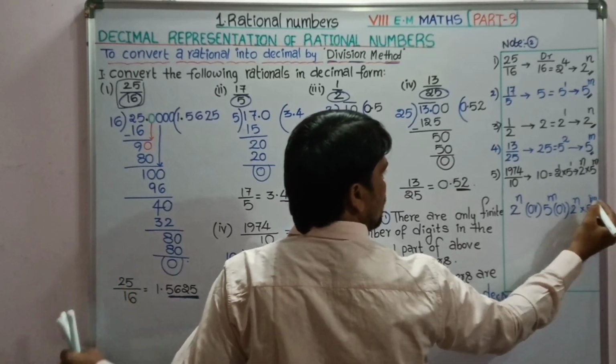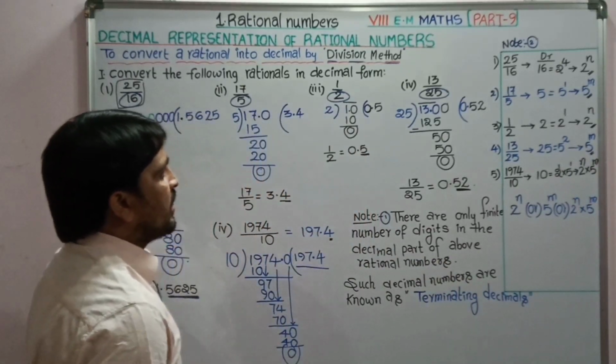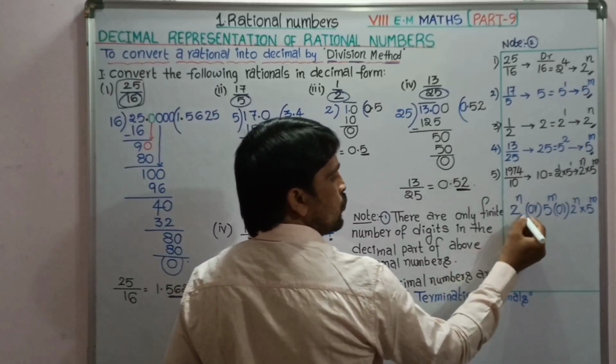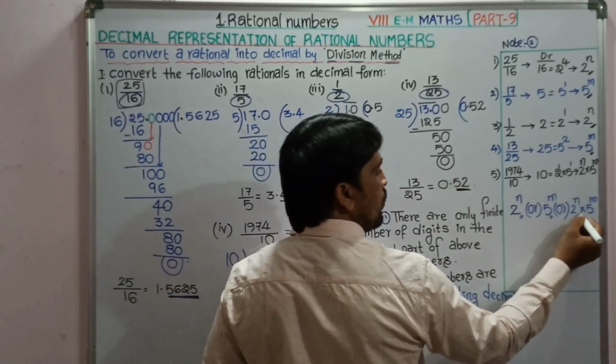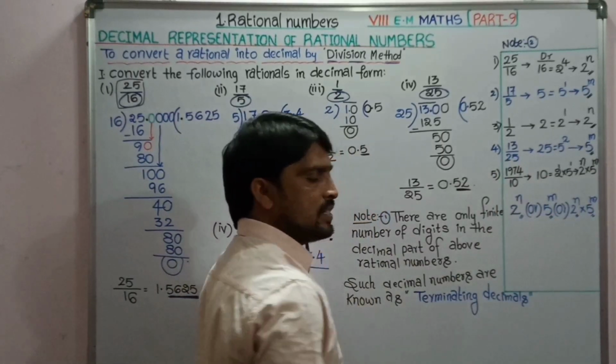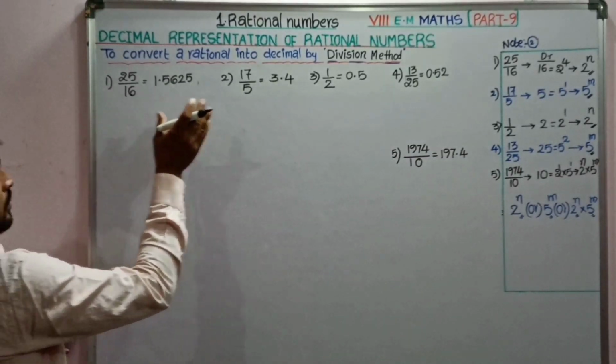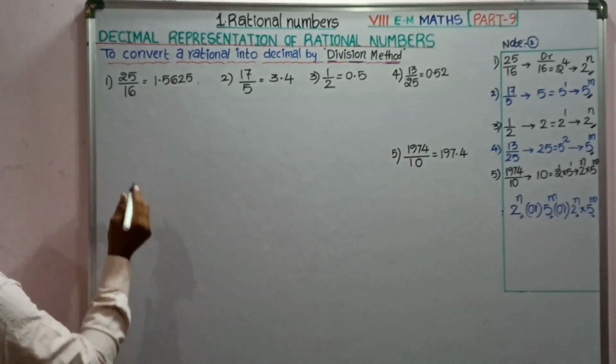That means the prime factorization of the denominator contains 2 or 5 or both 2 and 5. That's very important. Now we will observe 5 examples.